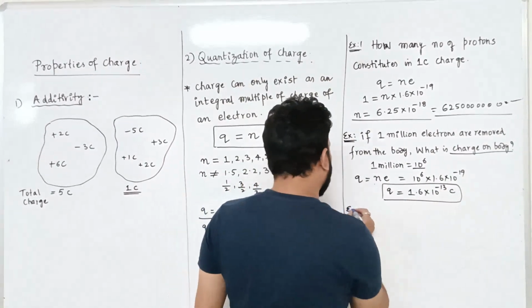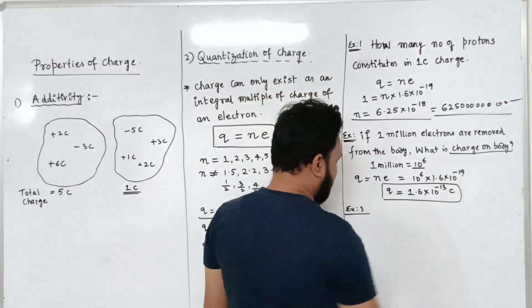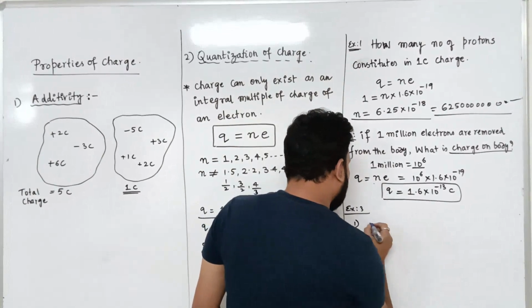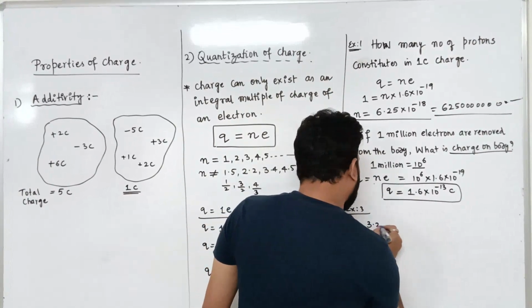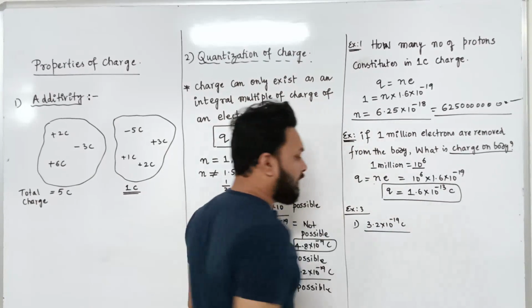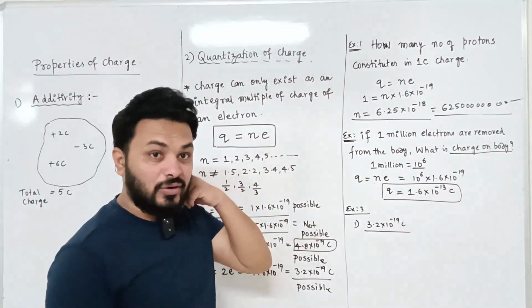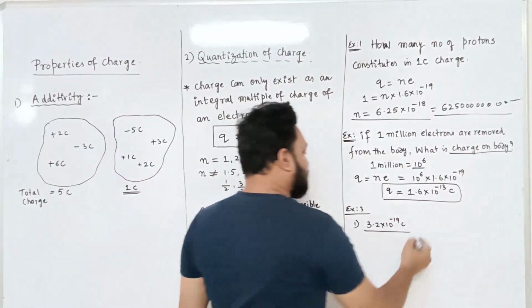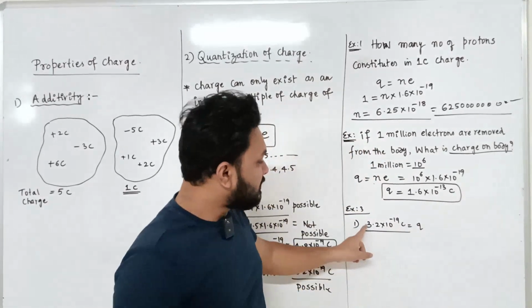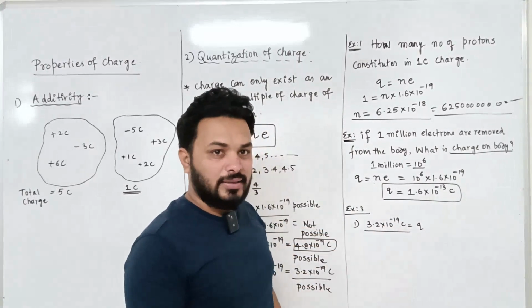Suppose, let's say example 3. Suppose if I ask, 3.2 into 10 to the power minus 19 coulomb, this charge will exist or not in the nature. We have to find it. See here, this is a charge Q. Now we need to find out this charge will exist or not in the nature.